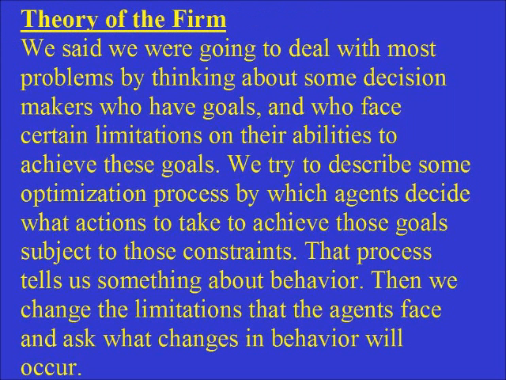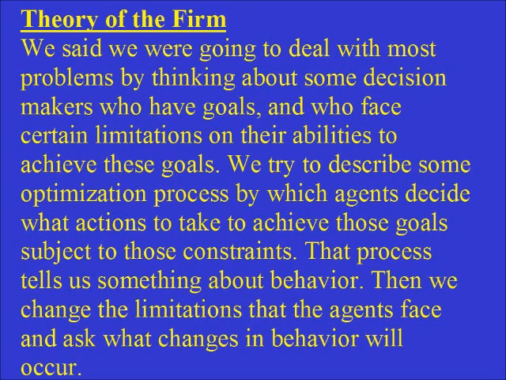We are starting a new section in class called theory of the firm. This theory of the firm mechanically is very similar to utility theory. Conceptually, it's just the opposite of utility theory because these are the people that sell to consumers. As we said, we're going to deal with most problems by thinking about some decision maker who has some goals and who faces certain limitations on their ability to achieve these goals.